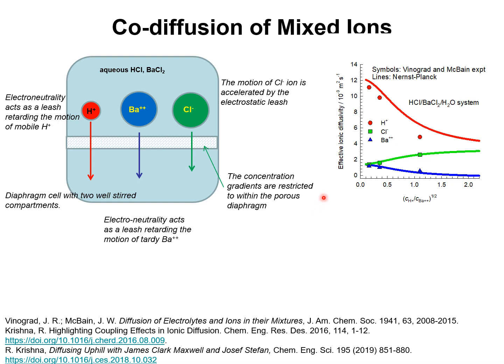The measured ionic diffusivities of hydrogen, shown by the red circles, chloride ions, shown by the green squares, and barium, shown by the blue triangles, are plotted as a function of the square root of the ratio of the concentration of hydrogen chloride and barium chloride in the top compartment.